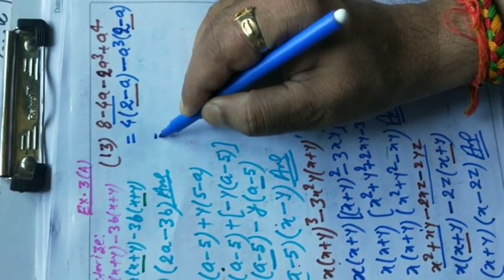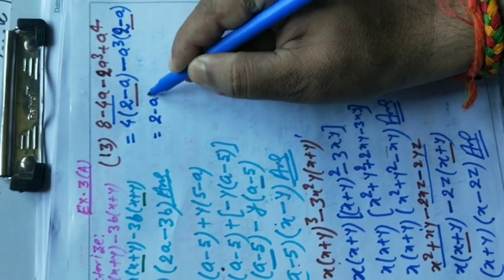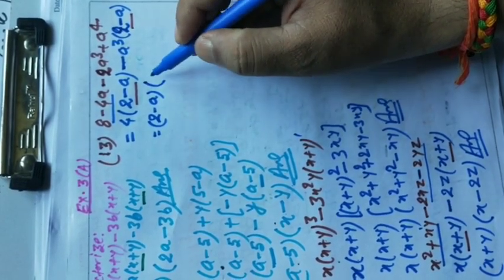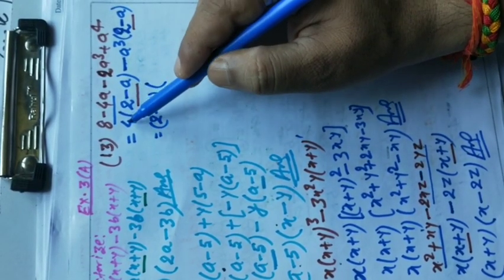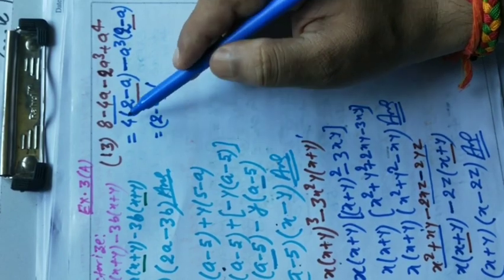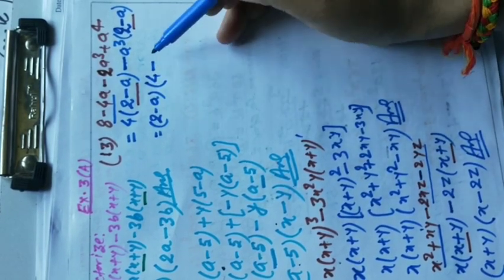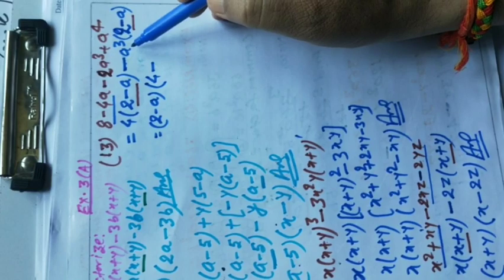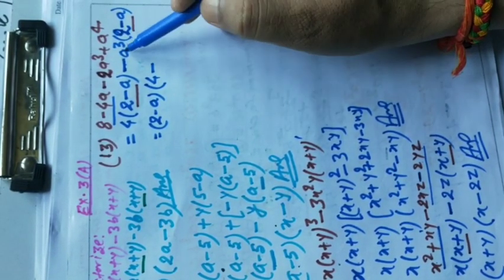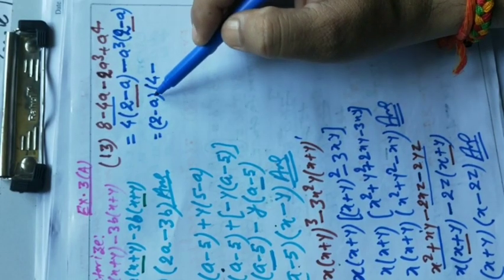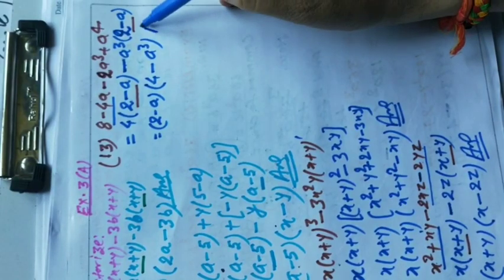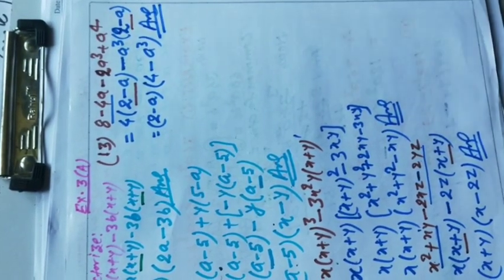So take 2 minus a as common. Then after taking the common you have to put the bracket, and now divide this expression by 2 minus a, then 2 minus a will cancel by 2 minus a, then what will be left? 4, and minus is there, so put minus sign. And now when this expression is divided by 2 minus a, then aq will be left here. So this is your factorization for the given expression.